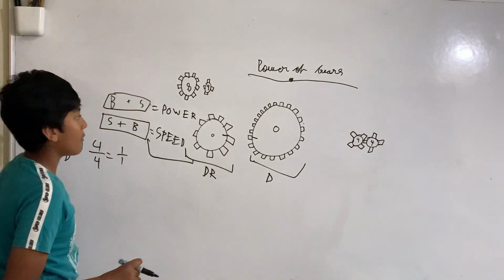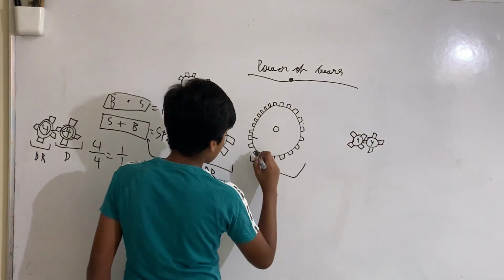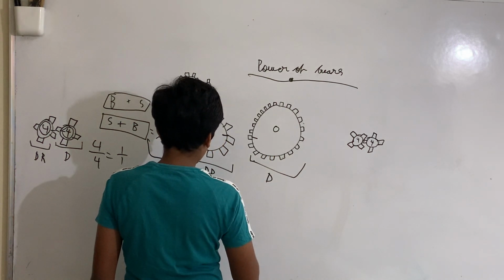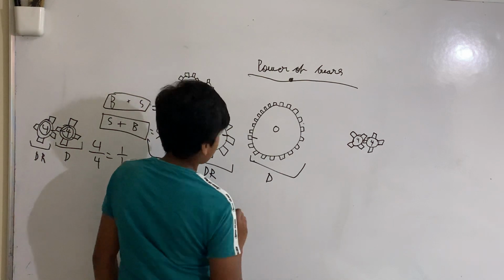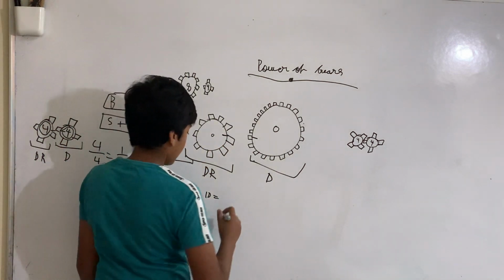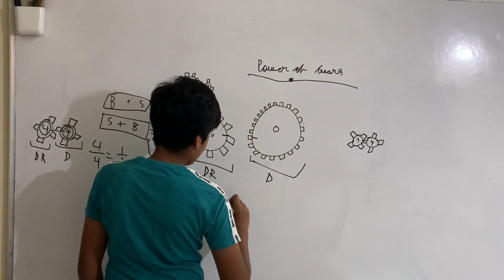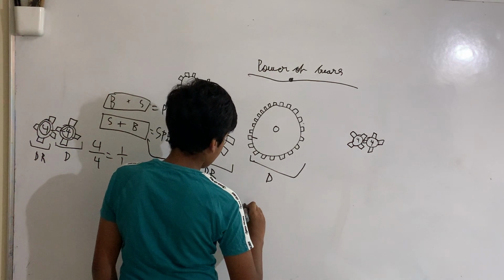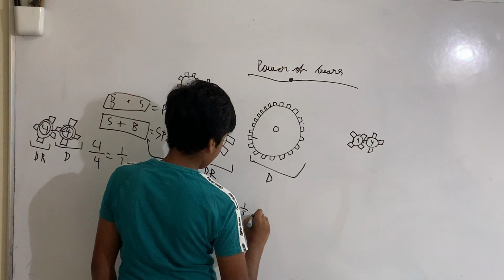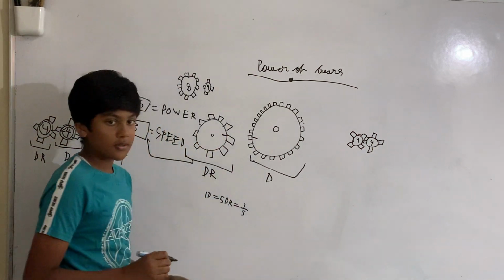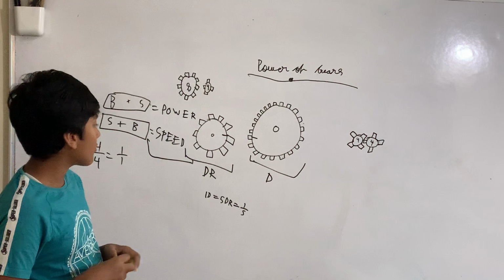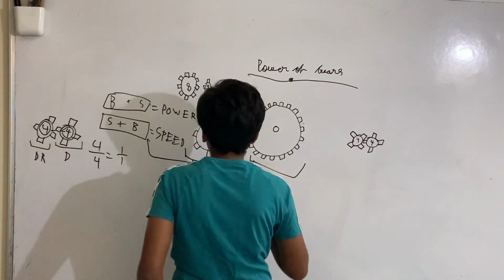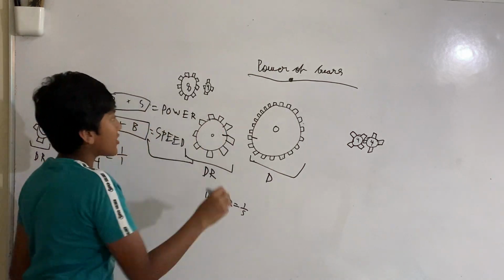Let's say one rotation of D equals 5 rotations of DR, which equals 1 by 5. This represents the ratio here. So when we move D, DR moves faster.